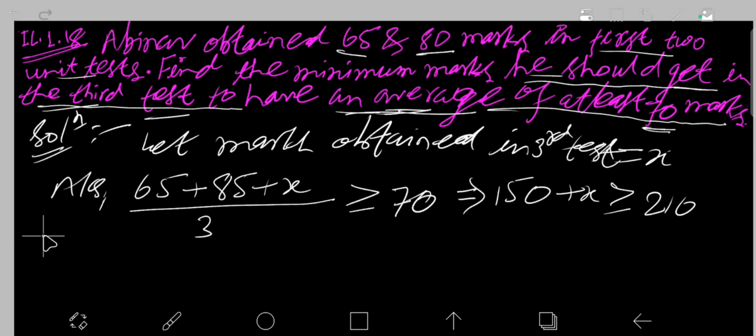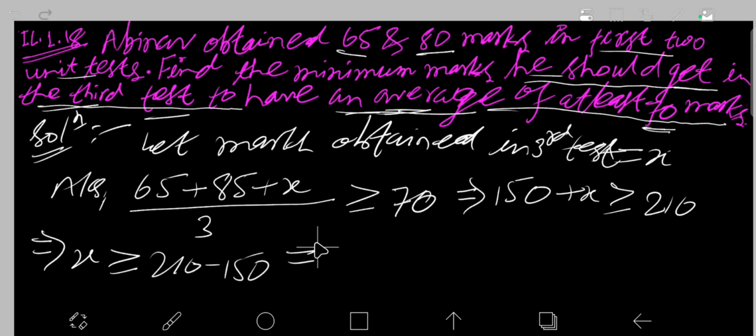When we subtract the constant 150 from both sides, we get x is greater than or equal to 210 minus 150, so x is at least 60 marks.